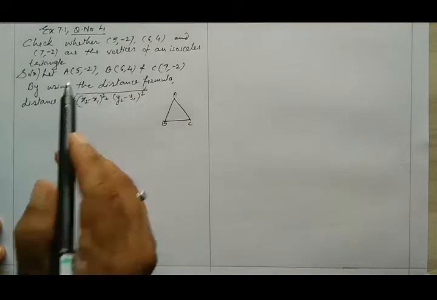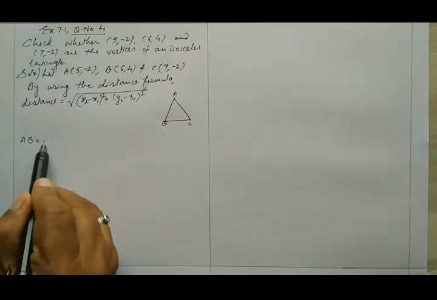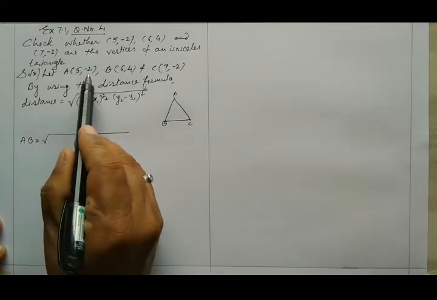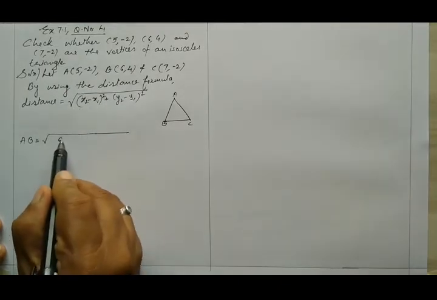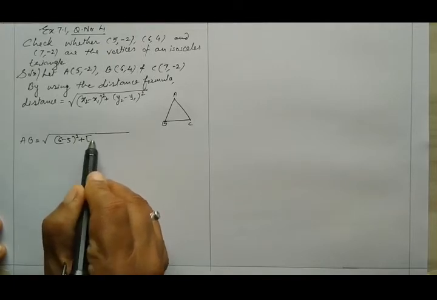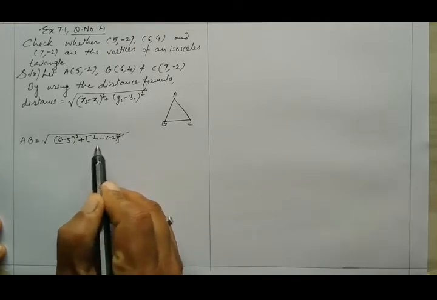So let us find distance AB now. For that purpose, this is x1, this is y1, this is x2, y2. So AB is under root (6 minus 5) whole square plus (4 minus 2) whole square.